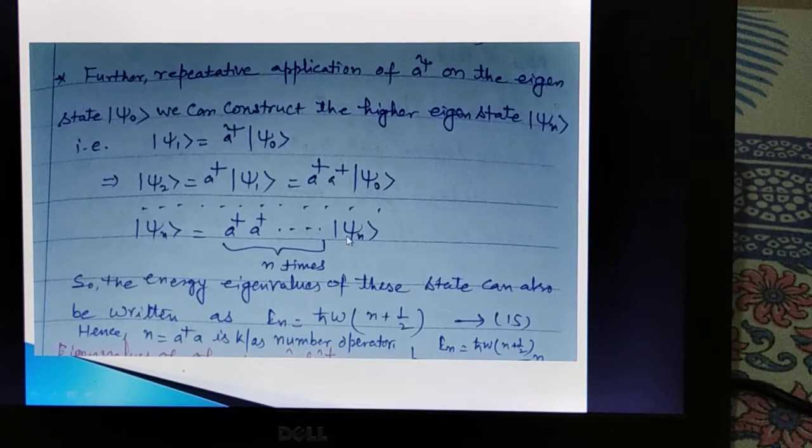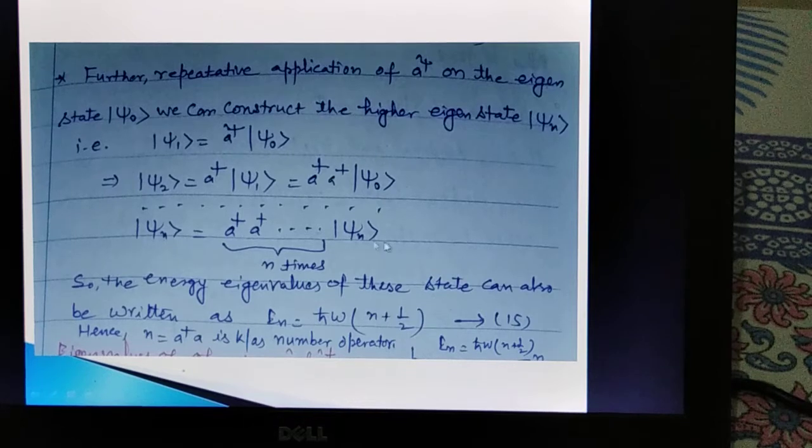As we already know, when you apply A dagger the first time on psi 0, then you have the energy h cross omega by 2. If you apply it 2 times, then this energy will increase by an amount h cross omega. On 3 times, this will increase by 2 h cross omega.